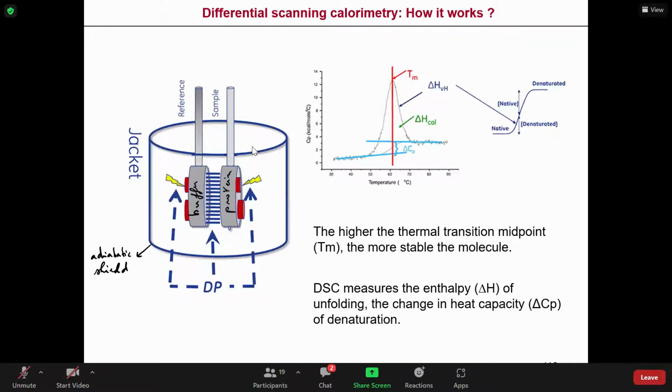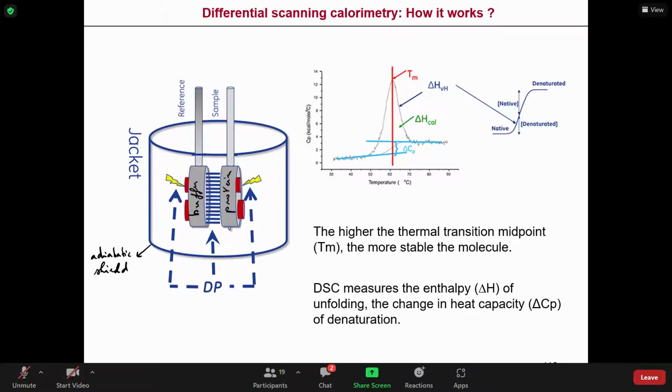Both cells are heated at a constant scan rate. It means that the temperature will increase slowly and at the same time.